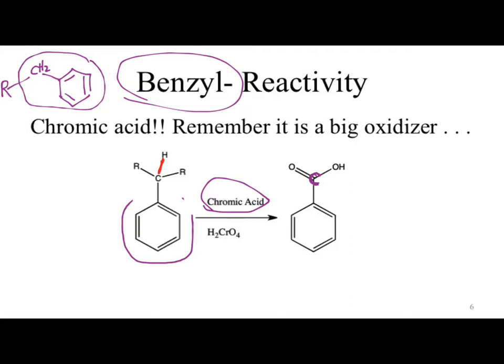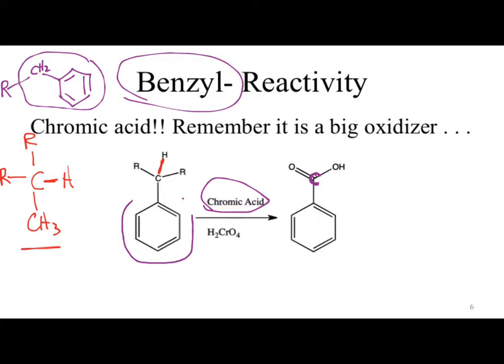Since carbon is more electronegative. Carbon is slightly more electronegative, but if we had just looked at, say, something like this, put R groups out there, we don't get that strong oxidation, even though we still have that carbon-hydrogen bond.